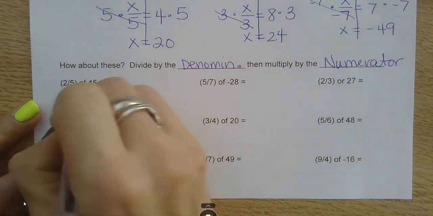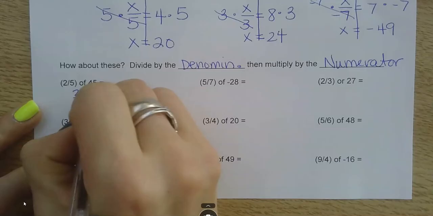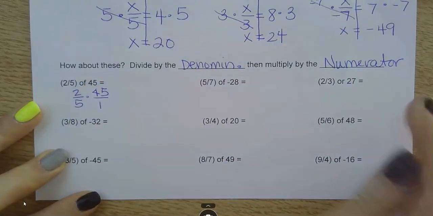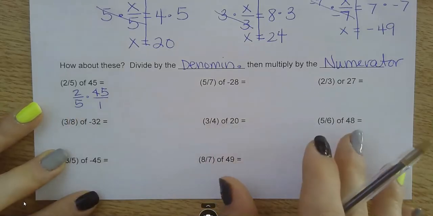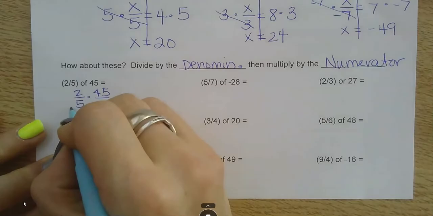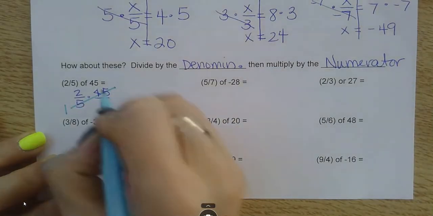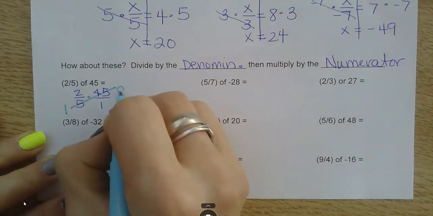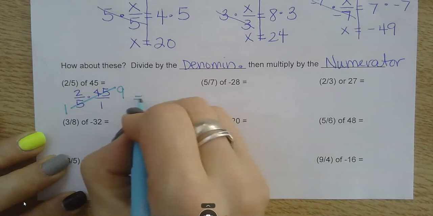I'm going to write 2/5 of, means times, 45 over 1. Now, we already know we would look to cross cancel here. And if I do that, remember, I'm going to show it this way. I'm going to say those cross cancel. 5 goes into 5 once. 5 goes into 45 9 times. So now 2 times 9 is 18.